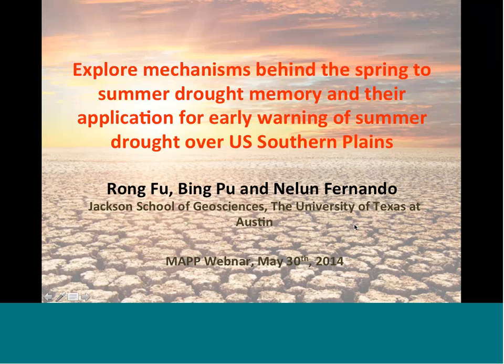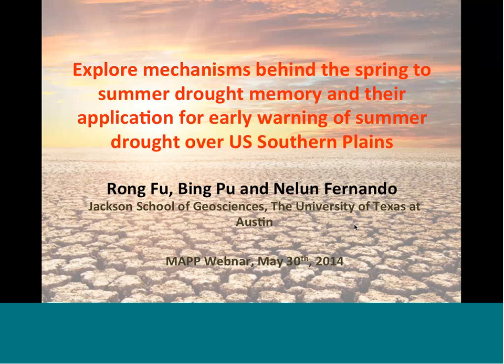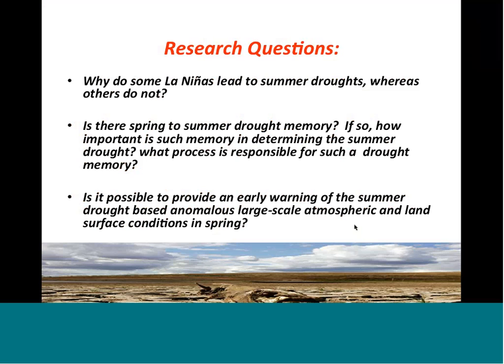So I'm going to present our preliminary results that aim to explore the mechanisms behind the spring to summer drought memory over the U.S. Southern Plains, and also explore their application to early warning of the summer drought over the U.S. Southern Great Plains.